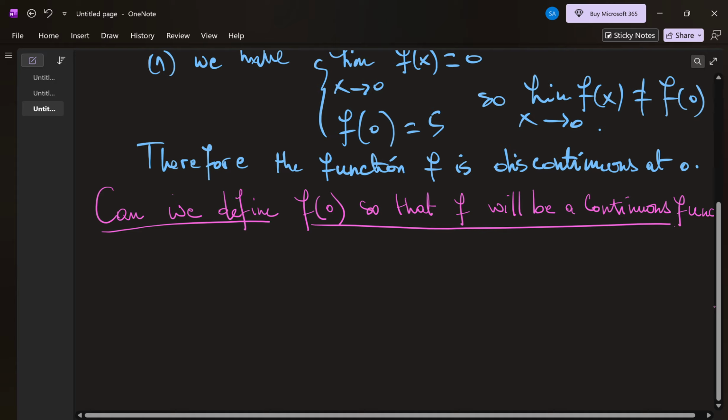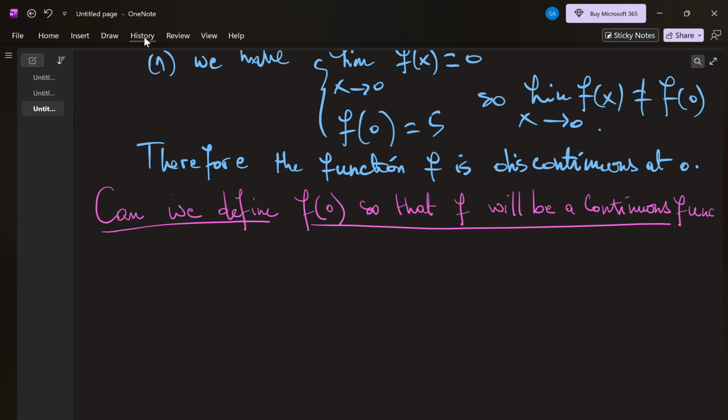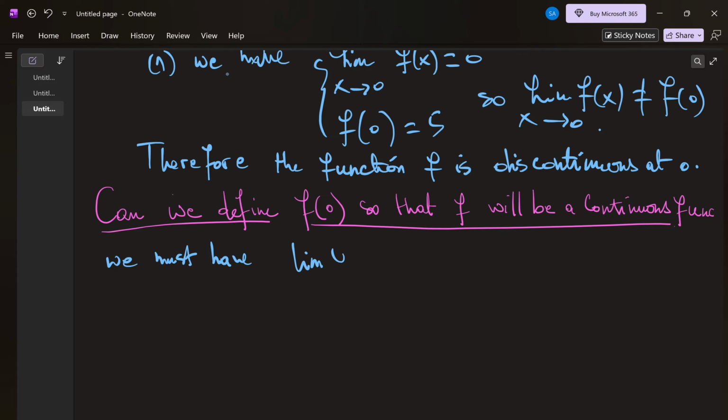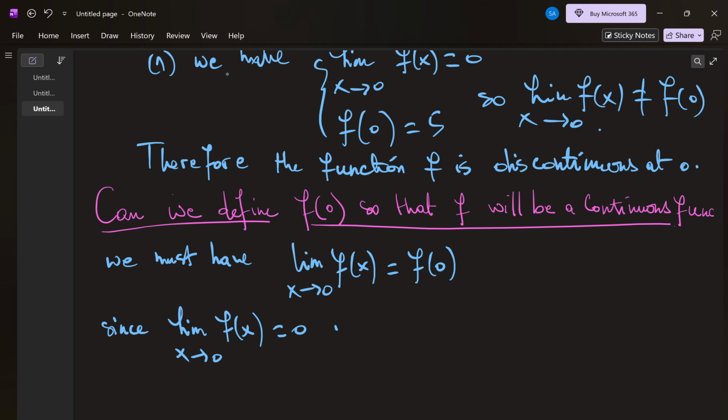Here, for f to be continuous, we must have the limit of f of x equal to f of 0. So since the limit of f of x is equal to 0, f of 0 must be equal to 0, not 5.